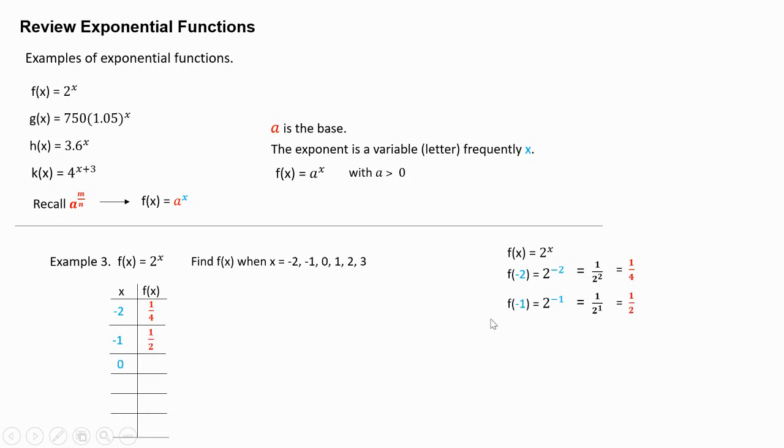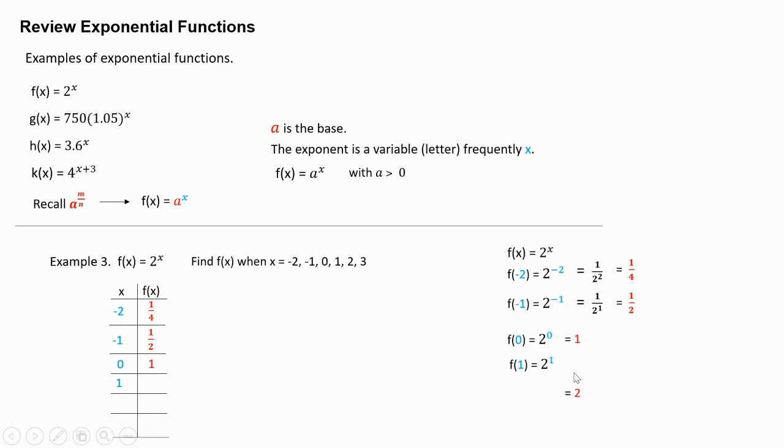When we use 0, we evaluate f of 0, which is 2 to the 0 power, and that is always 1. Anything to the 0 power is 1. So when x is 0, y is 1. Now let's evaluate f of 1, which means 2 to the first power, because I'm plugging in all these numbers where the x is the exponent.